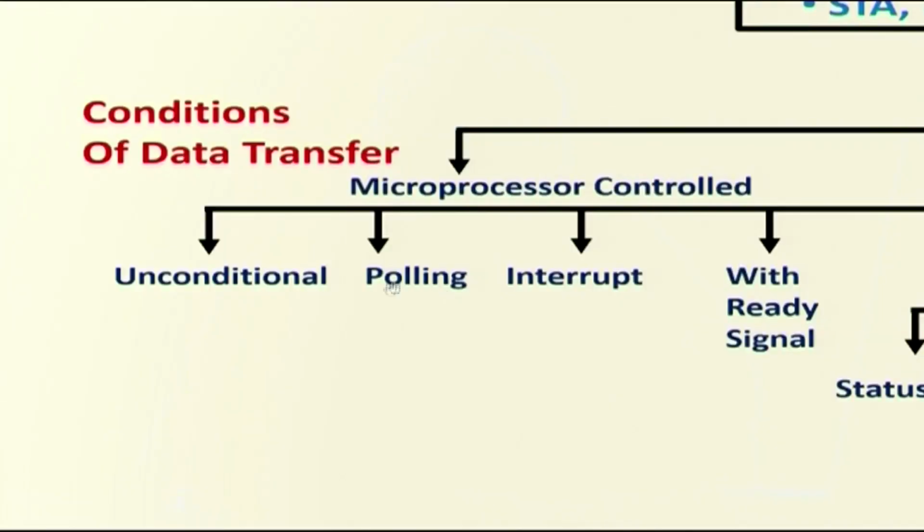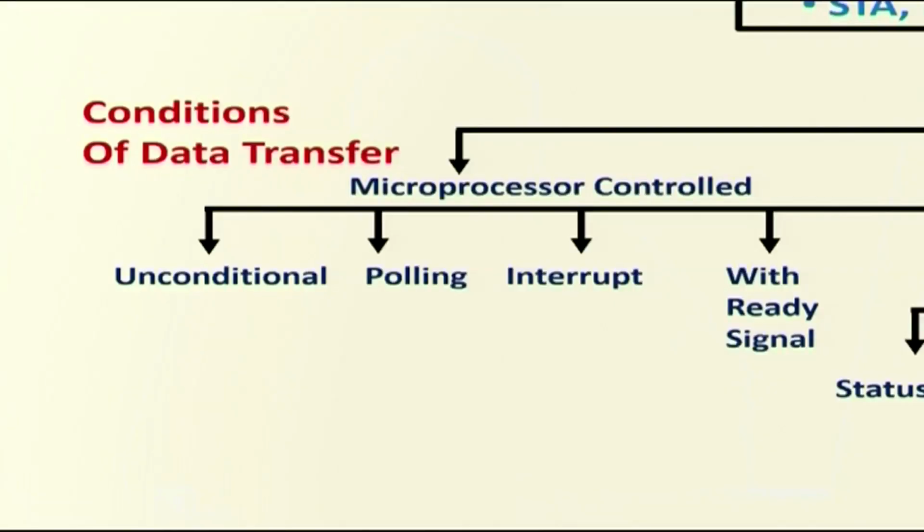The another one is polling. In polling IO, during the transmission, the microprocessor is within a loop. So, it often checks whether the data is available on the port. That is why it is called polling, or it is also called a status check. The microprocessor continuously monitors the peripheral device to see whether the data is available or not.